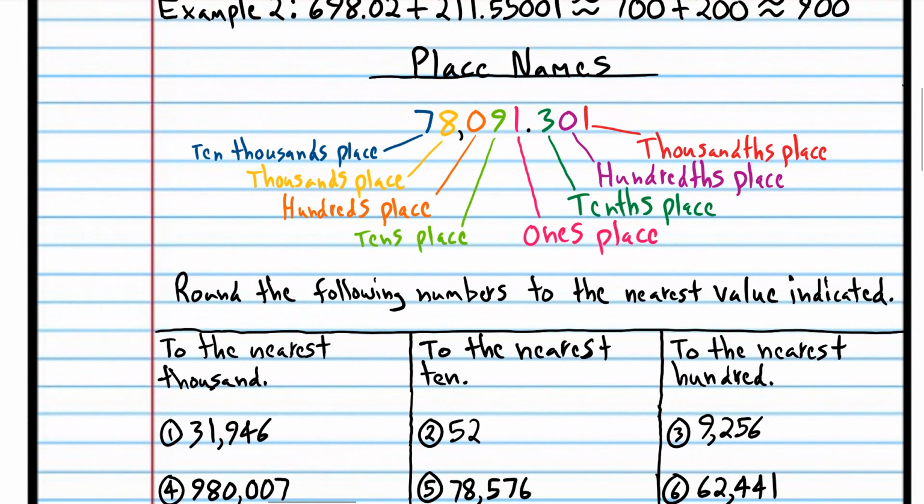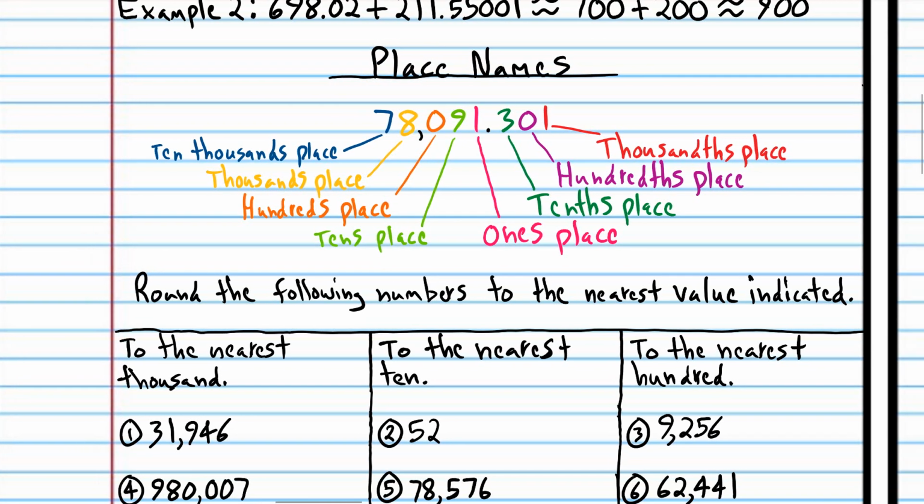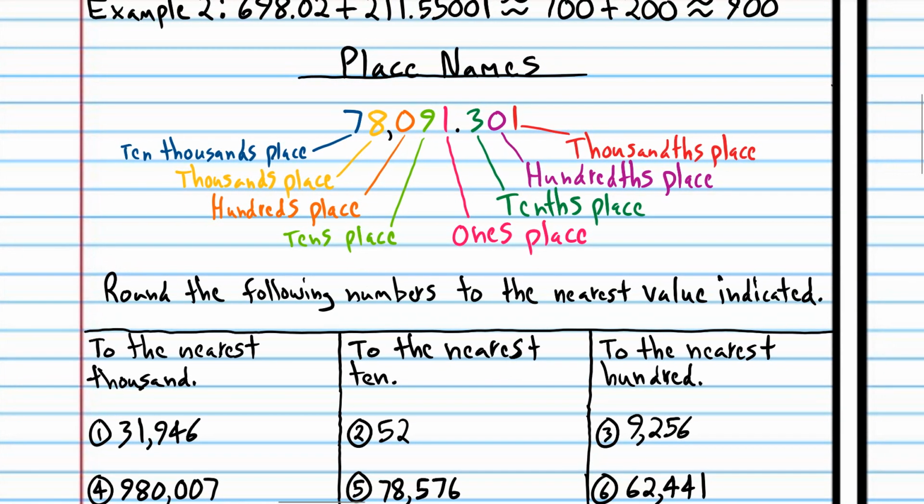All right, so to learn how to round, we have to review the place names. So we've already done this, but I've color-coded them now. So remember, here's your decimal. The number to the left of the decimal is in the ones place. And if you go to the next number, you just take the place here, which is the ones place, and you multiply it by 10. 1 times 10 is 10.